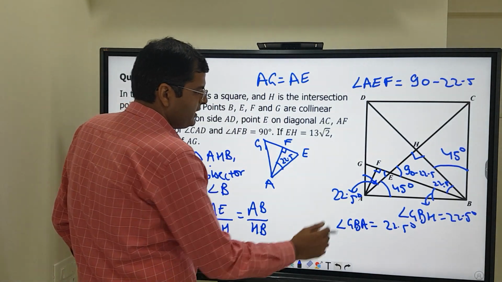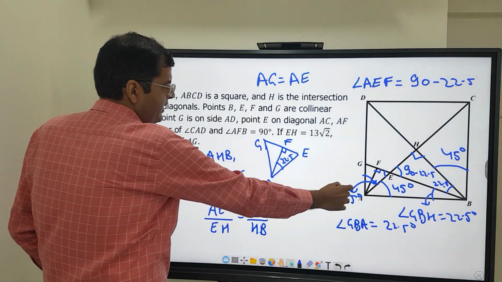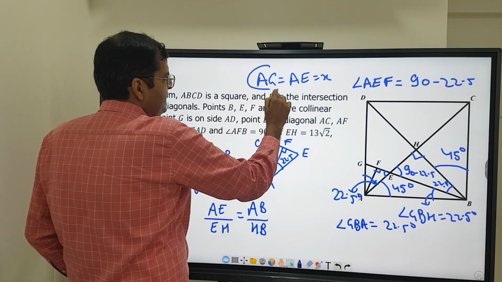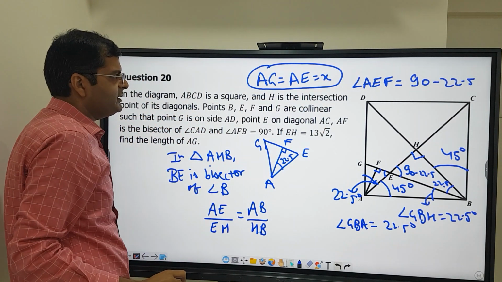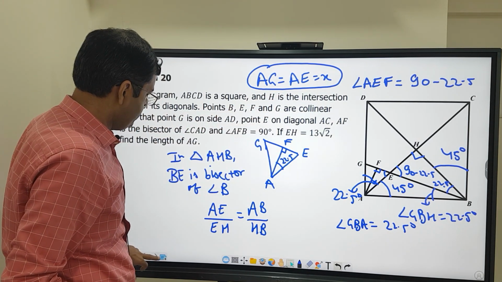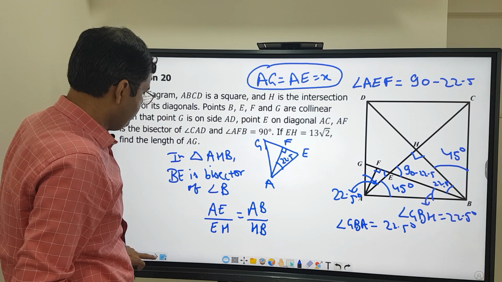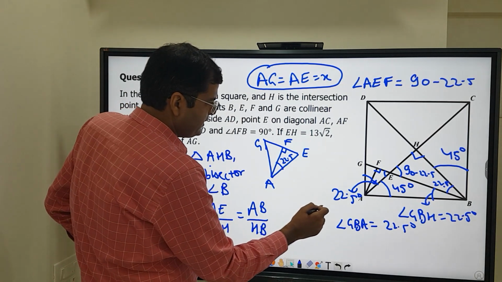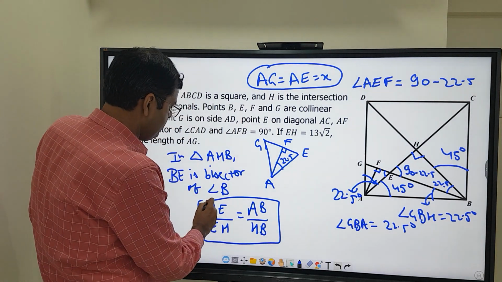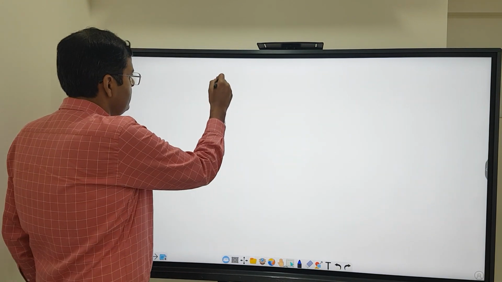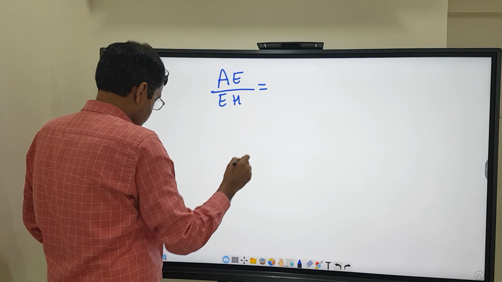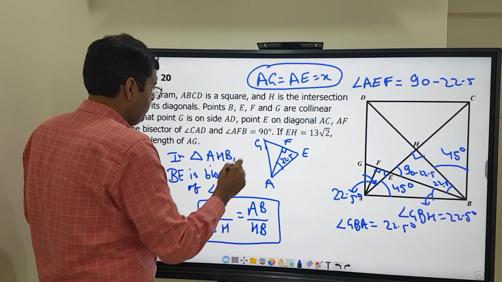So suppose AG is equal to AE is equal to X. We know that AE upon EH is equal to AB upon HB.